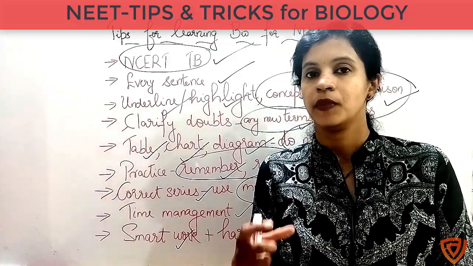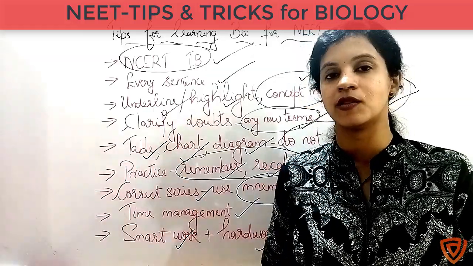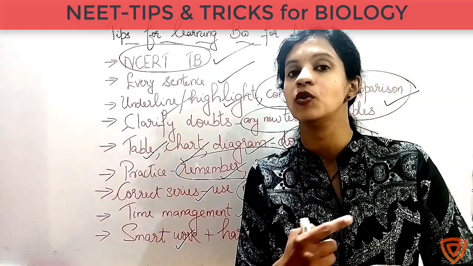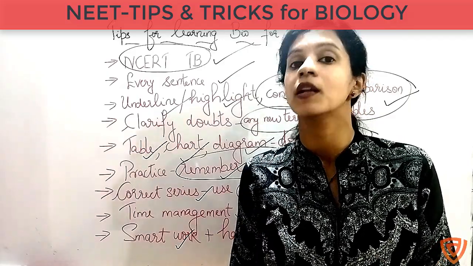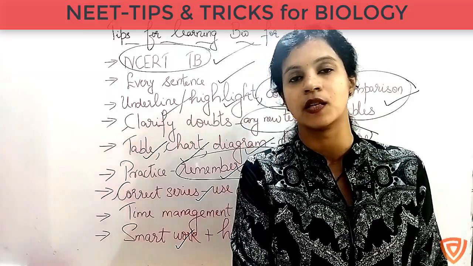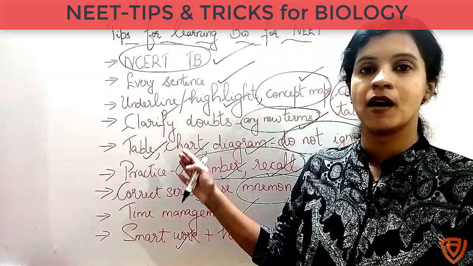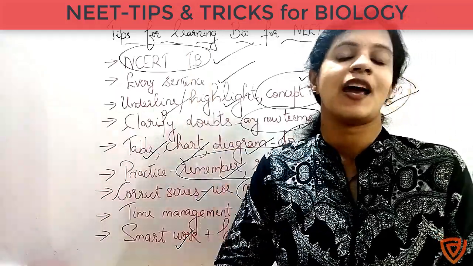So make sure you are a master of bio as you start off with these tips and tricks, and at the same time focus on physics and chemistry too. Physics and chemistry involve a lot of numericals, so you have to spend quality time on those two subjects, plus be a master in bio. Then there are no worries for you to crack the exam.